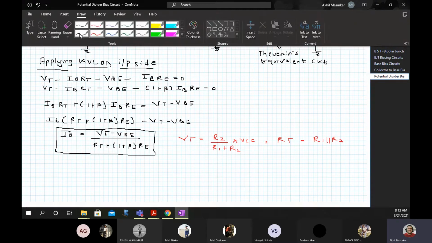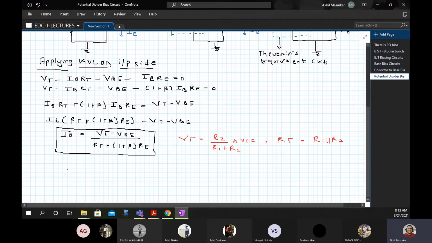Now we can write IC is equal to beta times of IB. So we got our ICQ.